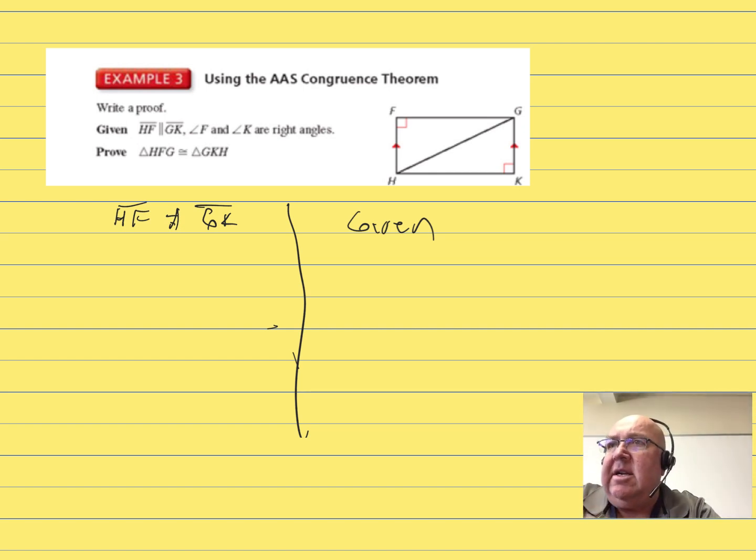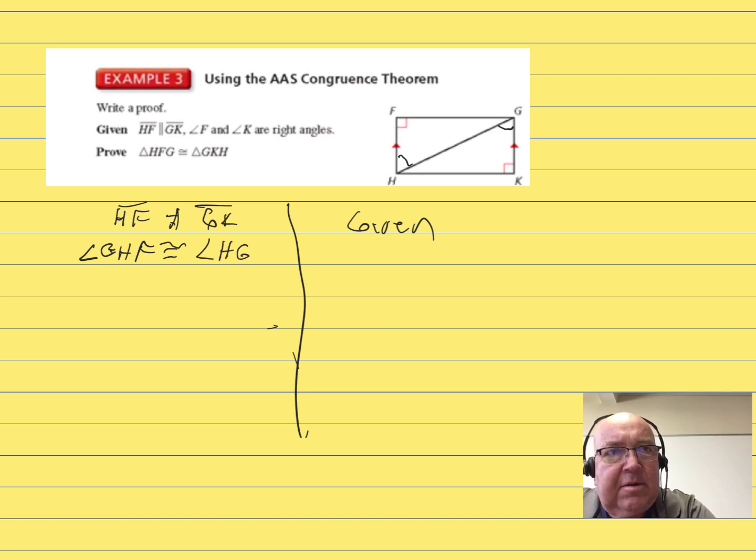We know that angle here and here are going to be congruent because they're alternate interior angles. So I'm going to go, angle GHF is congruent to angle HGK. Again, that's alternate interior angles.